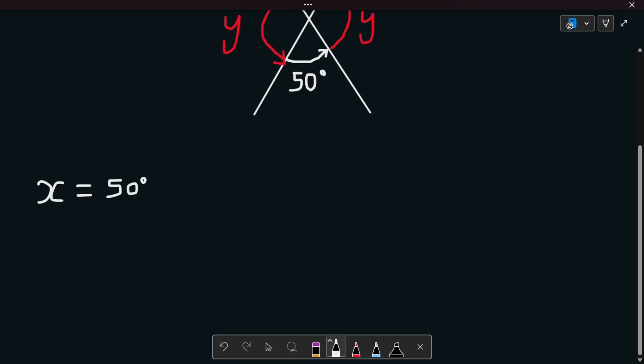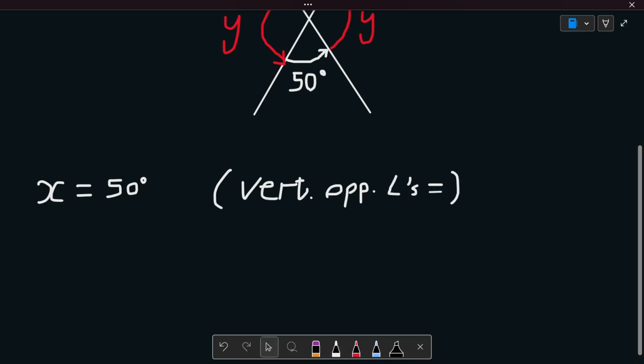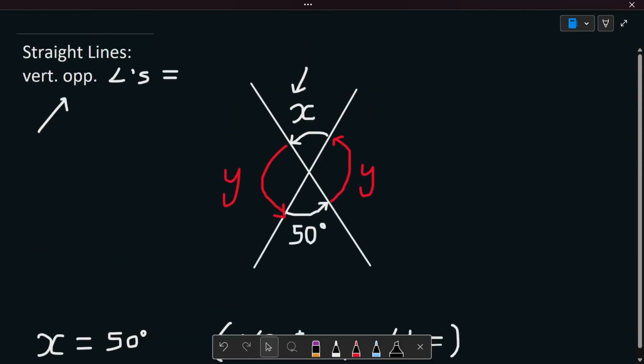And our reason is going to be vert op angles equal, or vertically opposite angles are equal. Okay, so now that we know our x value, I'm going to replace it right now. So we know that this value is going to be 50 degrees.